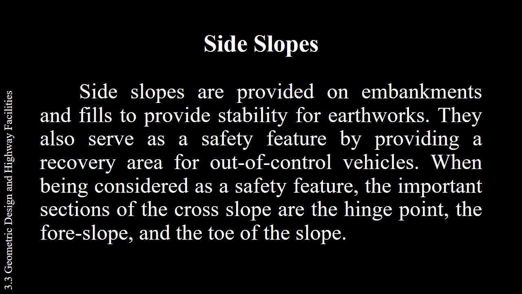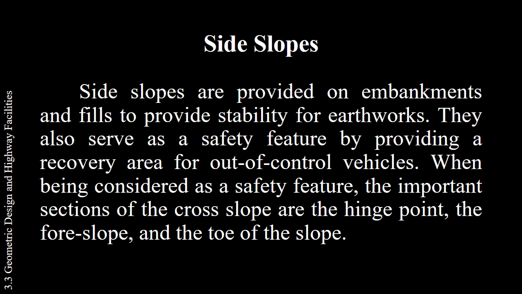Side slopes. Side slopes are provided on embankments and fills to provide stability for earthworks. They also serve as a safety feature by providing a recovery area for out-of-control vehicles.